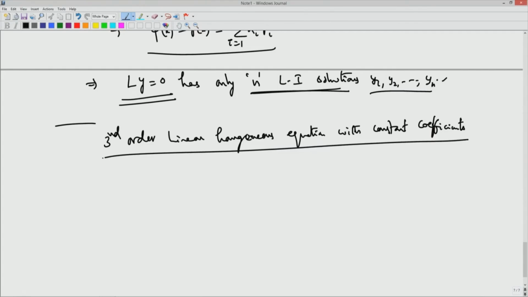If your coefficients are constants, for this third order equation, y triple dash plus a y double dash plus b y dash plus c y equal to 0, where a, b, c are constants.